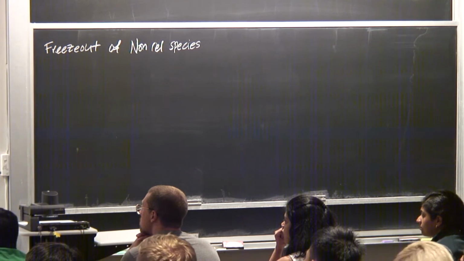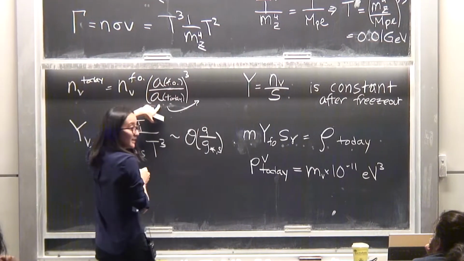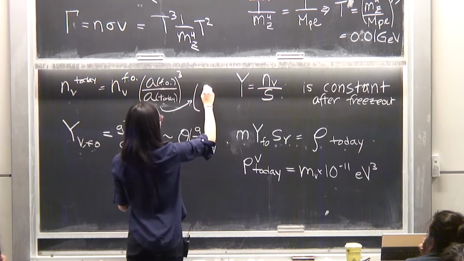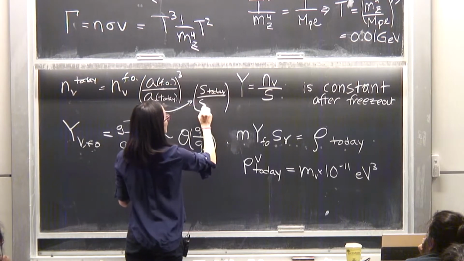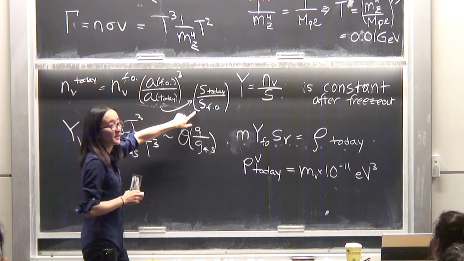So I can rewrite this, using the fact that entropy times a cubed is constant, as S today over S freeze-out. So that's the relation I'm using.